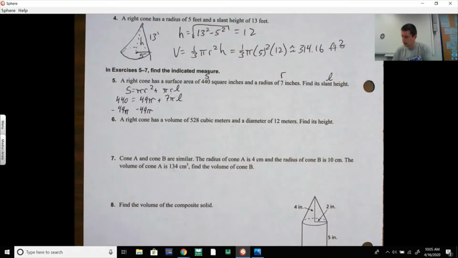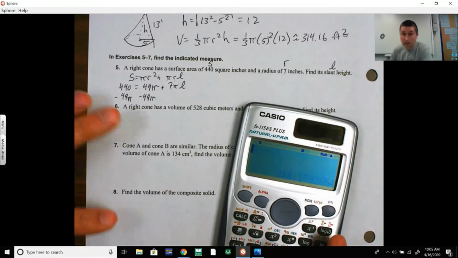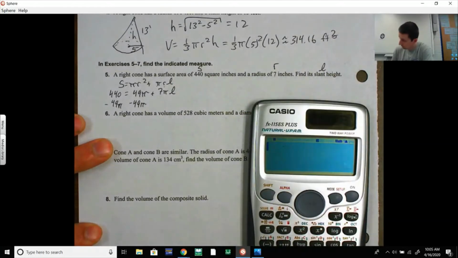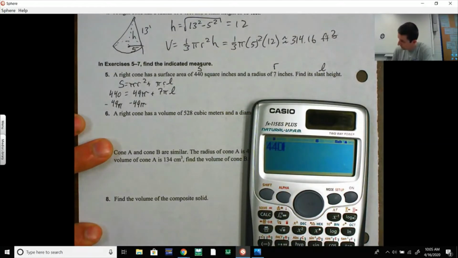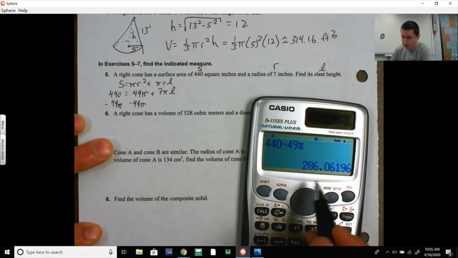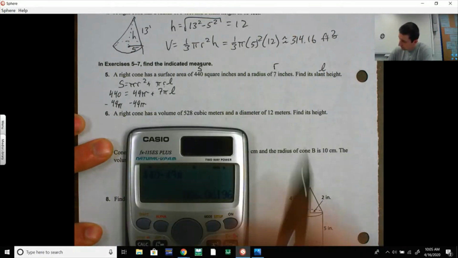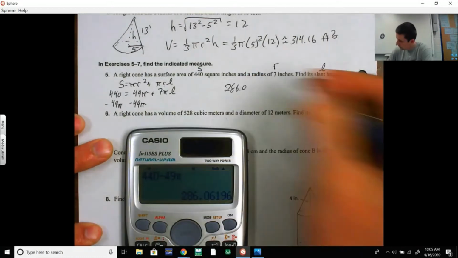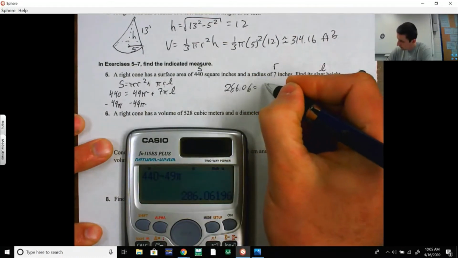Okay, and again, keep these numbers in your calculator, do not round until the end of the problem. Okay, so I have 440 minus 49 pi. I'm going to write this down, but I'm going to keep this number in here. So I get 286.06 equals 7 pi l.